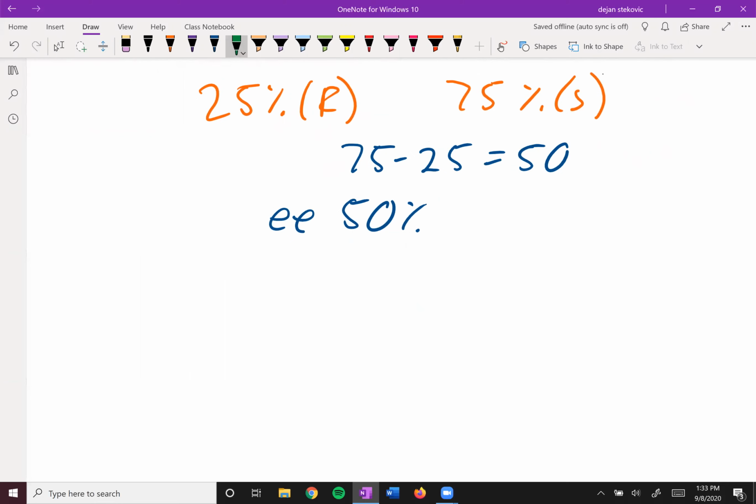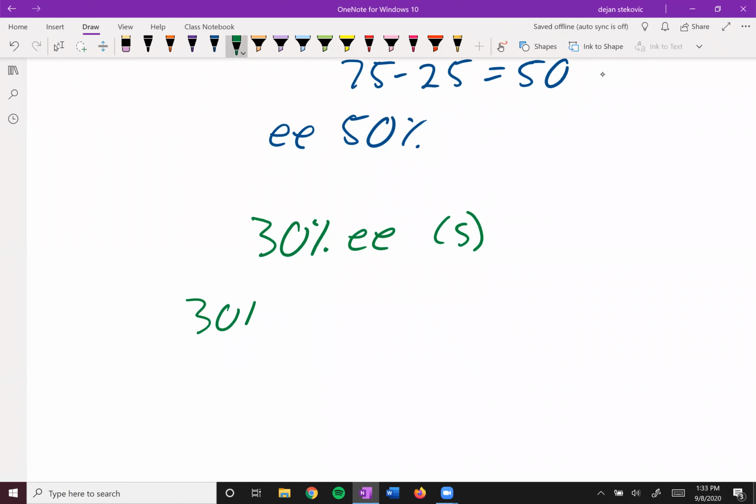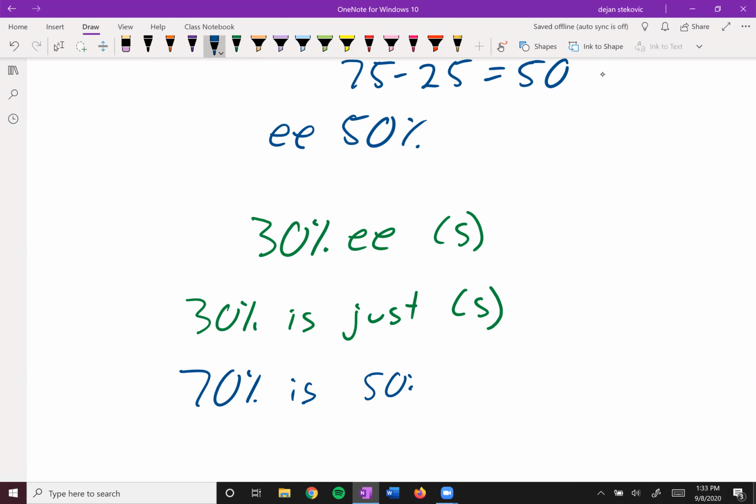Vice versa, if you want to do it the other way, right? If someone tells you it's 30% EE S, what does that mean? It means that 30% is just S. So that means that we have a whole 70% remaining. Of that 70%, it's a 50-50 mixture, right?